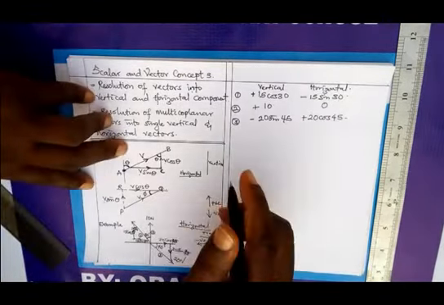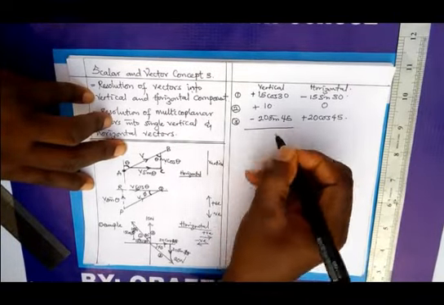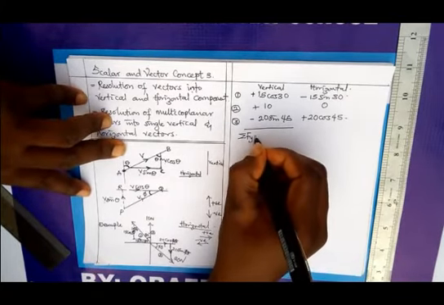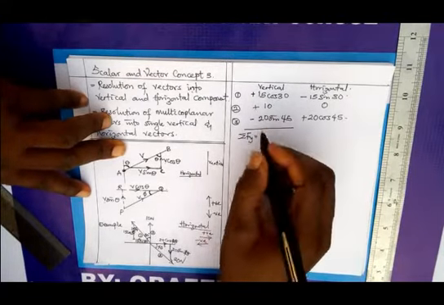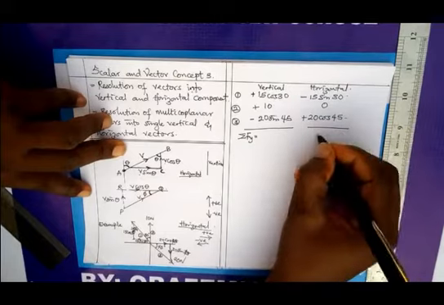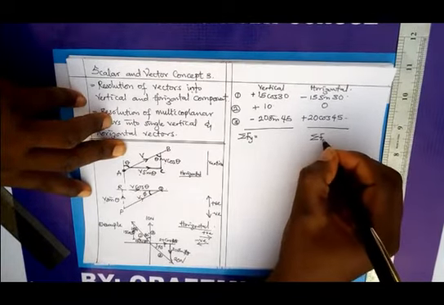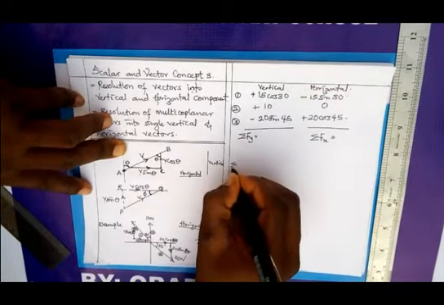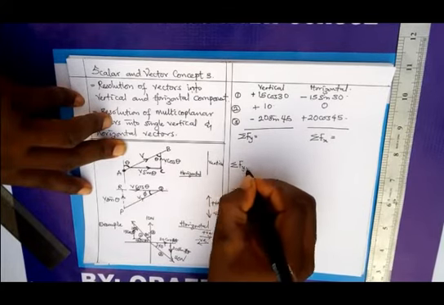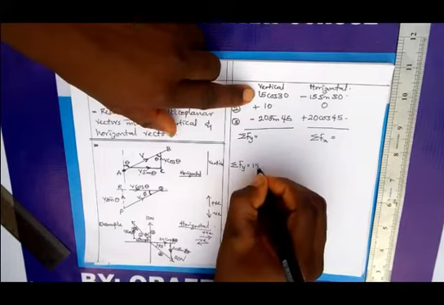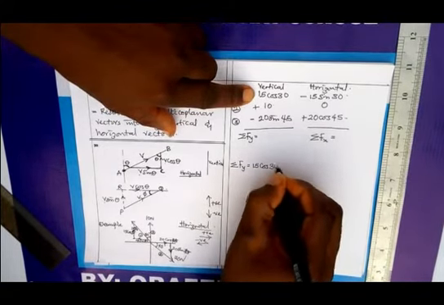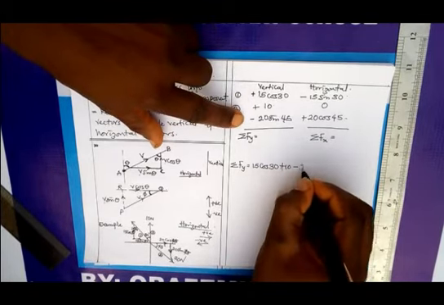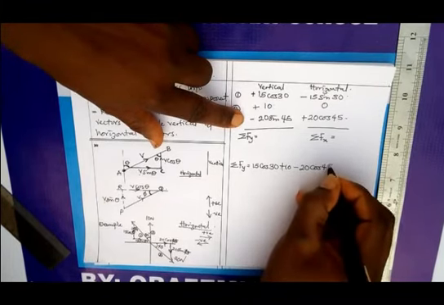So therefore we now sum them together. Summation of forces acting along the y-axis is equal to the addition of the three of them, and this one will give us summation of forces acting along the x-axis. So summation along the y-axis is equal to 15 cos 30 plus 10 Newton minus 20 cos 45.